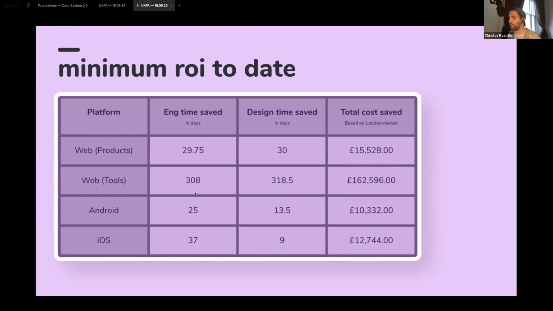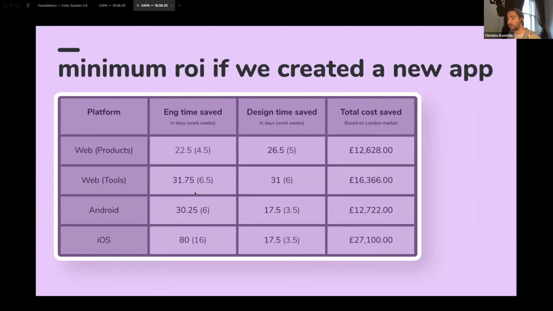We're getting something together. The same can apply if we were creating a new app, so we can see roughly how much engineering time we would save. Say there was a new product being put together with one engineer and one designer, we've saved that engineer 16 work weeks. We've saved that designer 3.5 work weeks. Those are numbers and metrics that anyone can really understand.